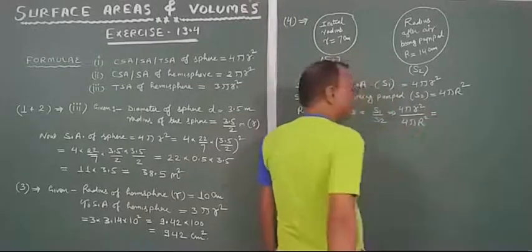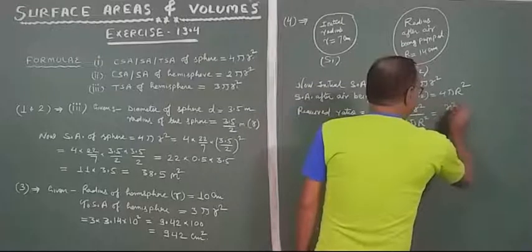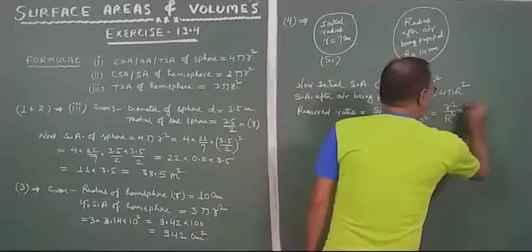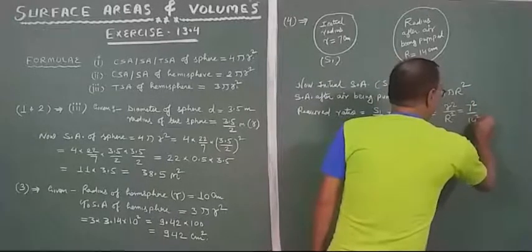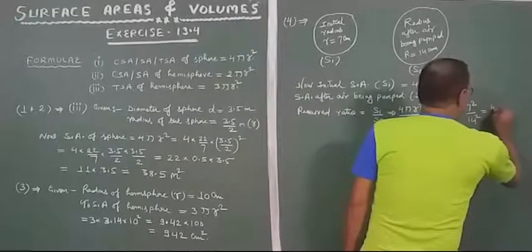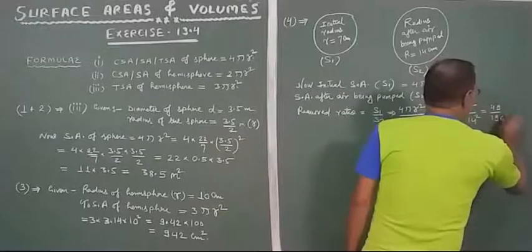This 4 pi will be cancelled out. You will get small r square upon capital R square, that is 7 square upon 14 square. 7 7s are 49 and 14 square is 196.